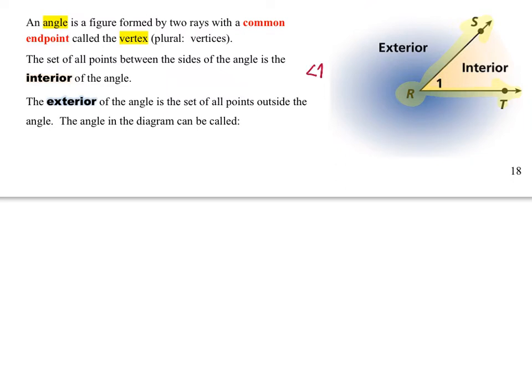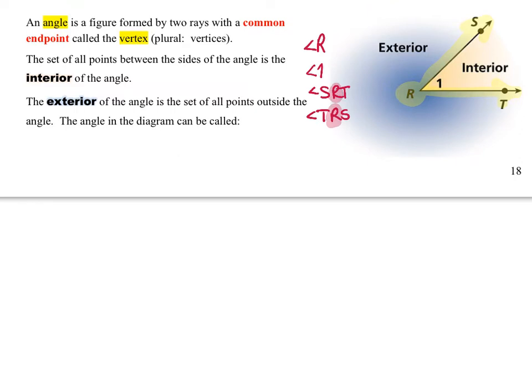We also don't have any other angles that would make it ambiguous, so we can also call this angle R. And then we have the way that we typically refer to angles using the 3 points that create them, which means we would also call this angle SRT, or angle TRS. And when we use 3 points to name an angle, then the point in the middle has to be the endpoint.